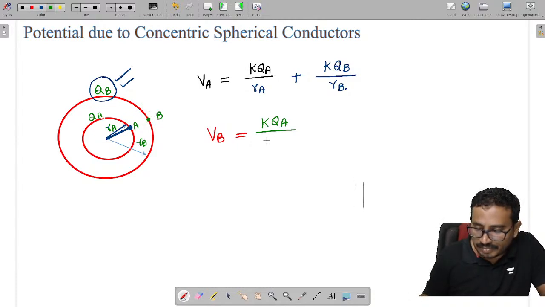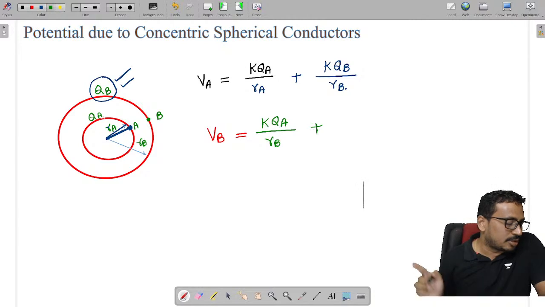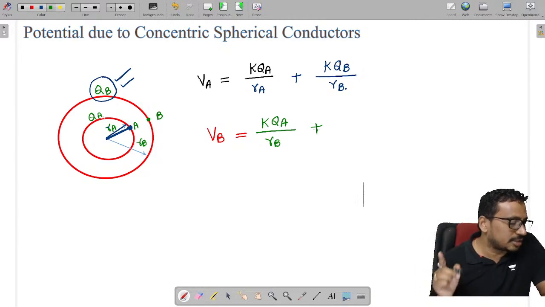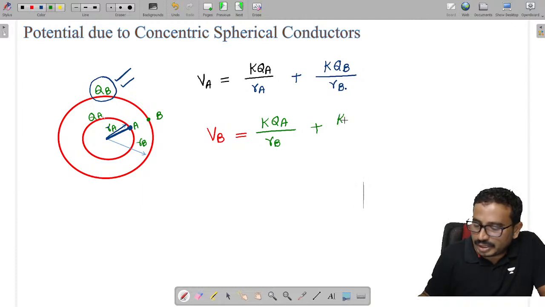RB. So I can write RB. Now the potential because of the second charge, Q2, is KQB by RB.